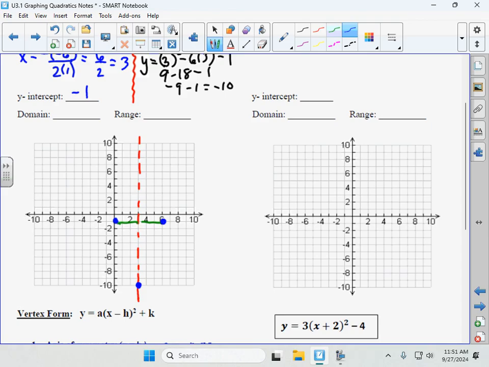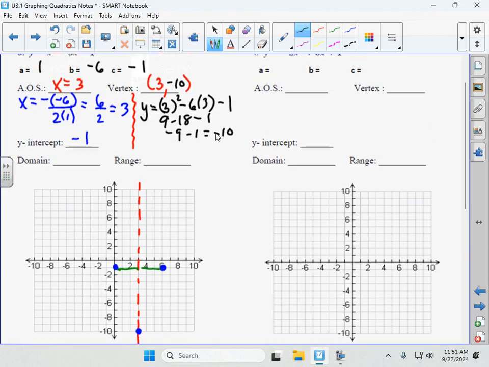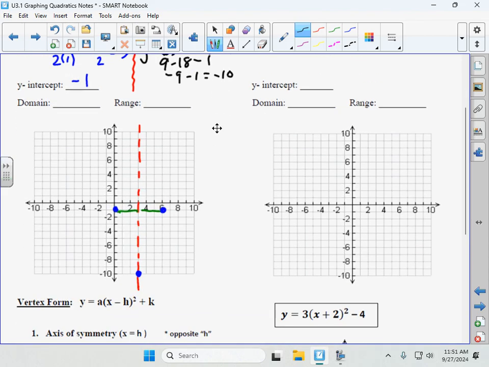Let's use the a value to find 2 points from our vertex. So a is positive 1. So again, think of slope, rise over run. From our vertex, we're going to go up 1, left 1, up 1, right 1. And we can connect those with our parabola. So you can see it's a U pointing up.